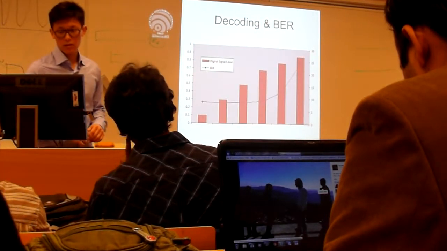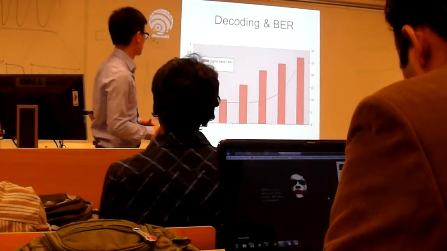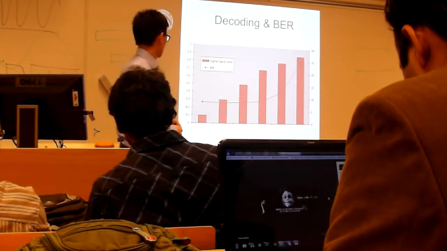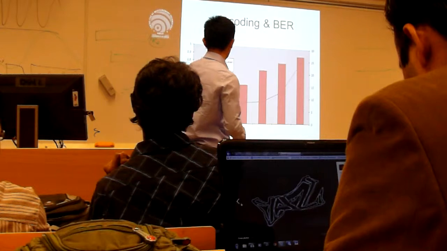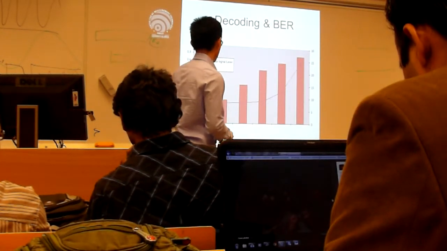This is a figure of different digital adding levels compared with the bit error rate. As we can see, for a low ratio we have a low bit error rate.